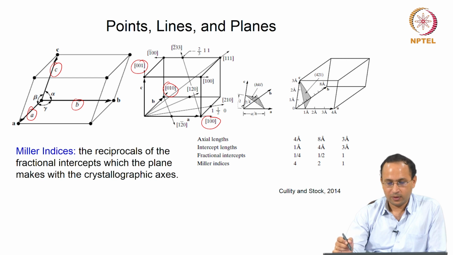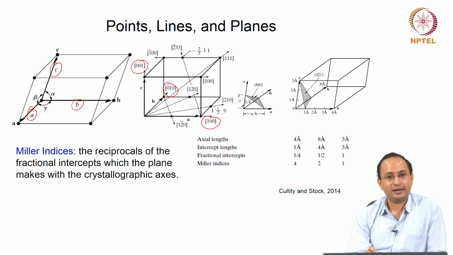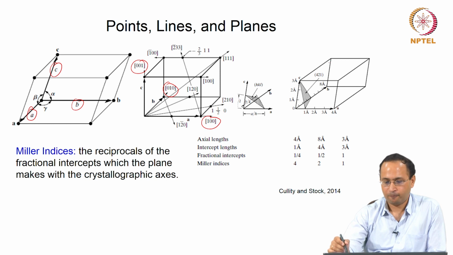For that we will use the Miller indices, that is the system Miller developed to define a plane. So, in this case, suppose we have this plane, which cuts A axis here, B axis here, C axis here. We are talking about this plane.